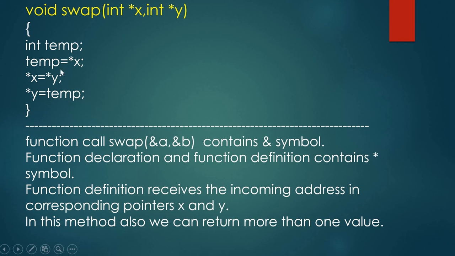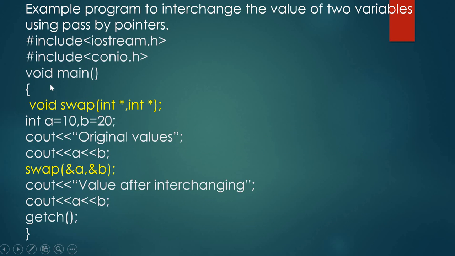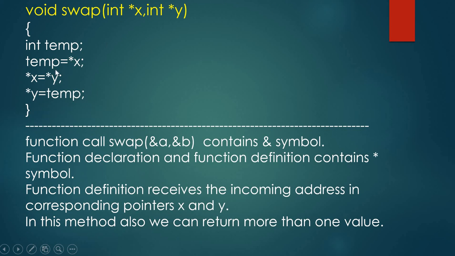And here we are changing the variables X and Y inside the function. After interchanging we will get the values 20 and 10. That is the value interchanged. That is, here the changes are happening inside the function.